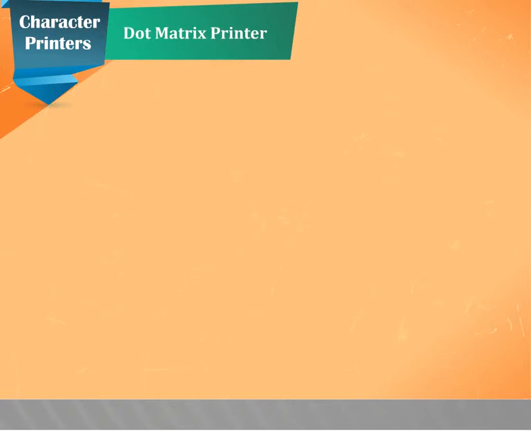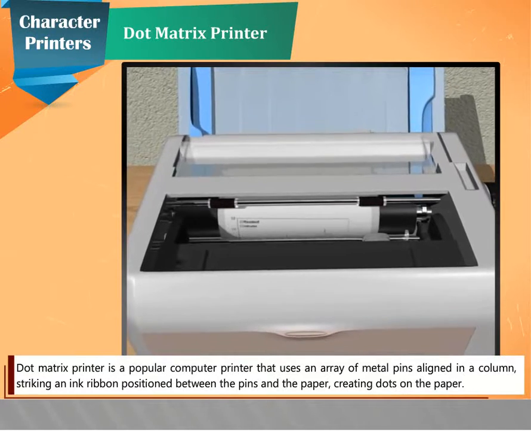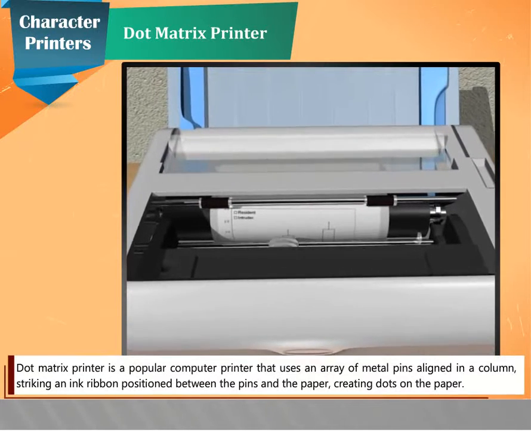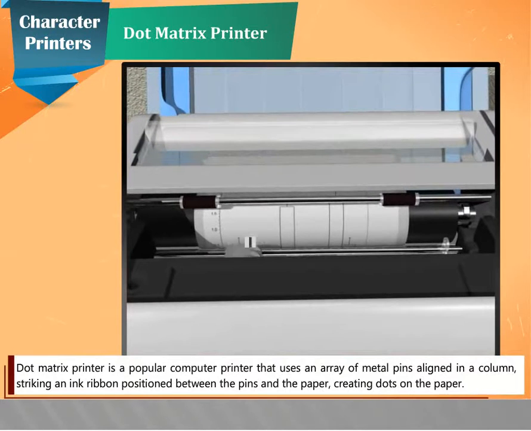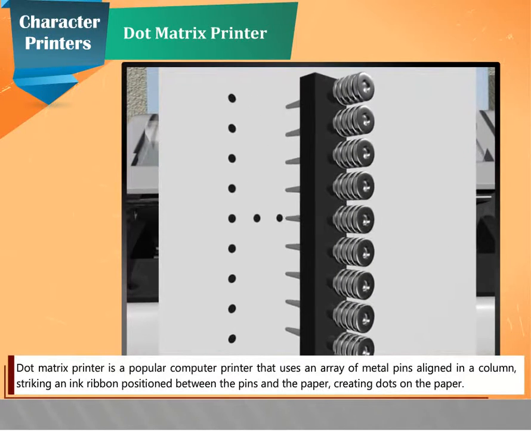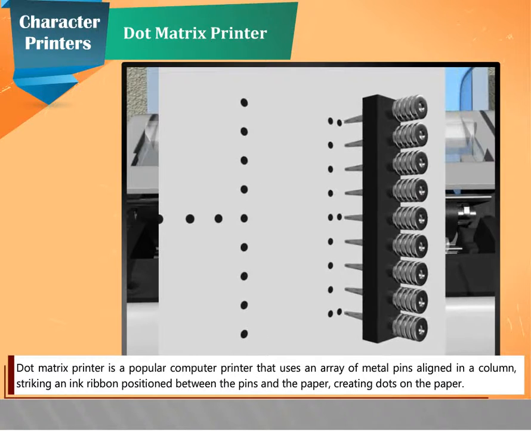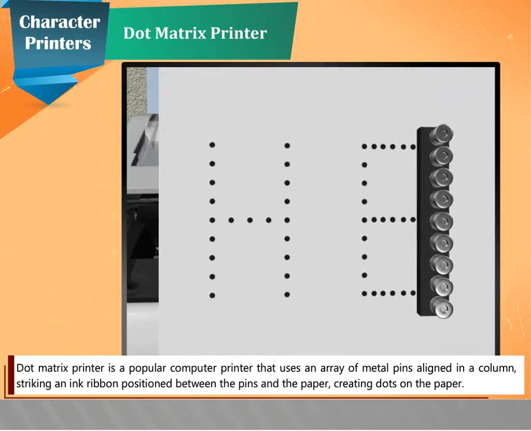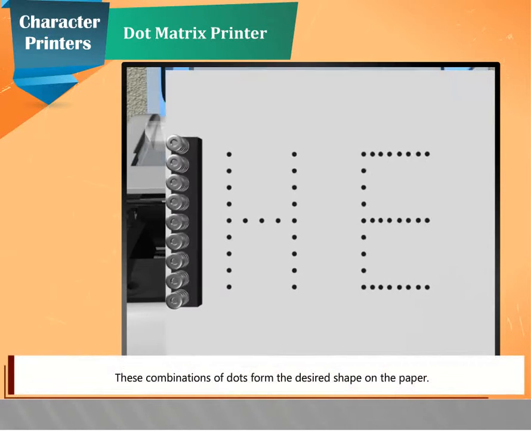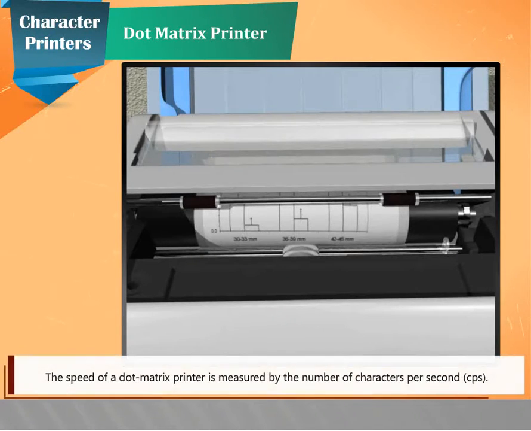Dot matrix printer. A dot matrix printer is a popular computer printer that uses an array of metal pins aligned in a column, striking an ink ribbon positioned between the pins and the paper, creating dots on the paper. These combinations of dots form the desired shape on the paper.